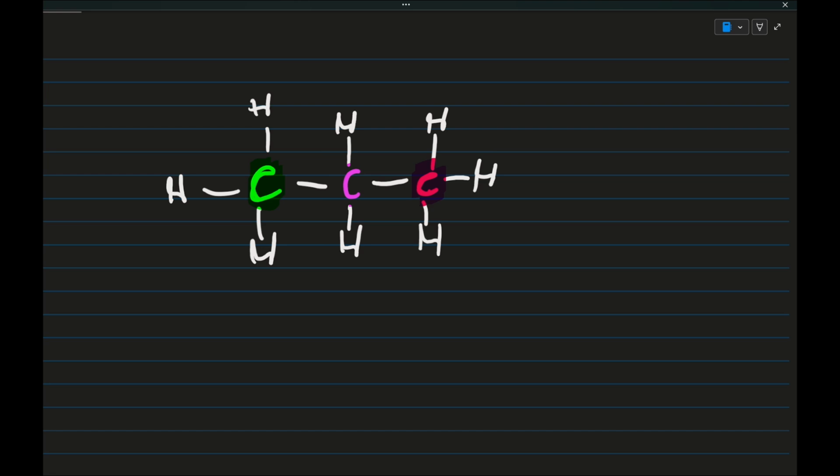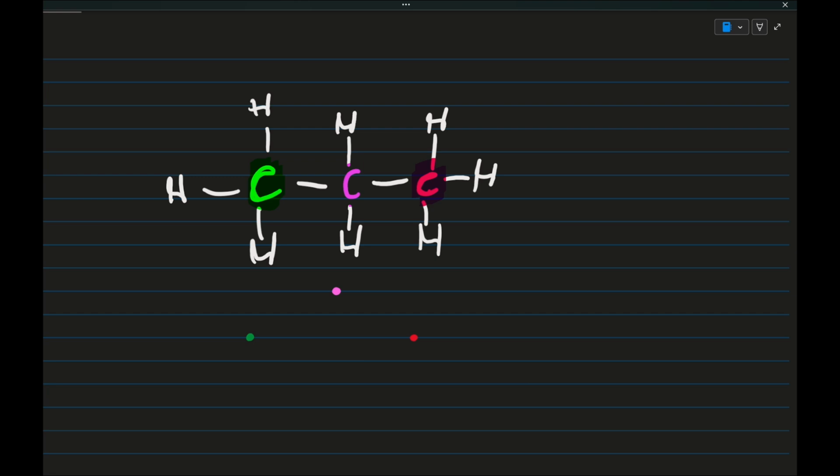For beginners, I always recommend that we start with making dots. So we know carbon 1 will be here, carbon 2 we'll put here, and carbon 3 will be put here. So why did I recommend doing dots?